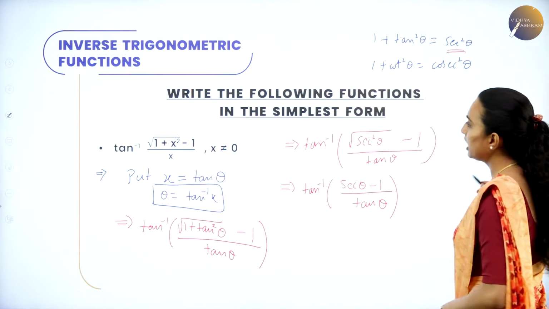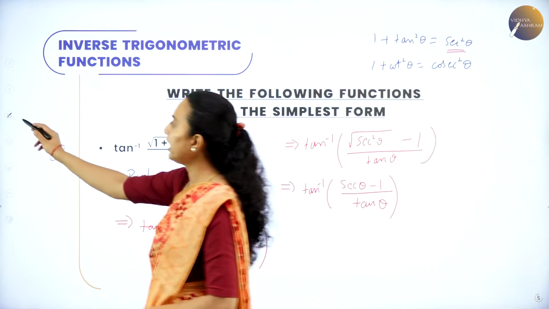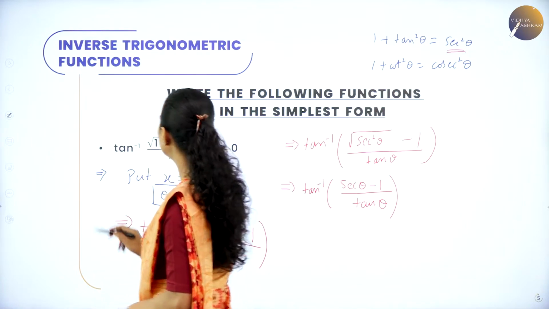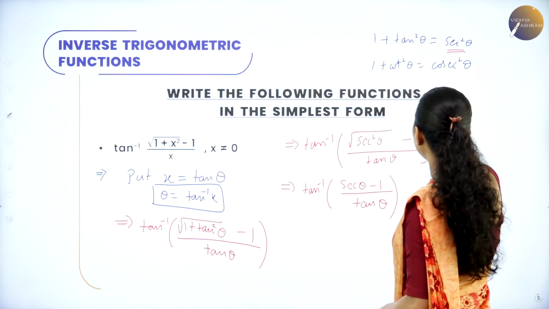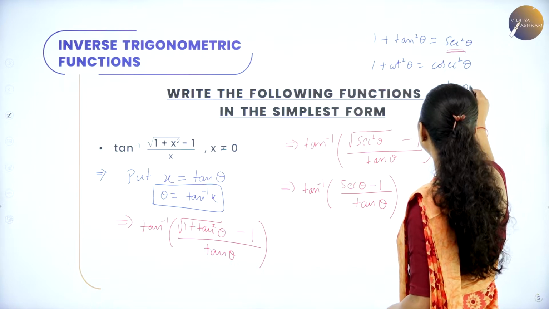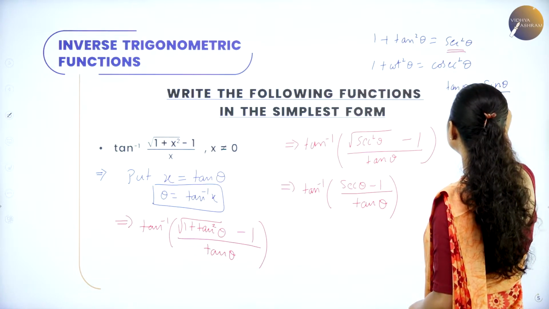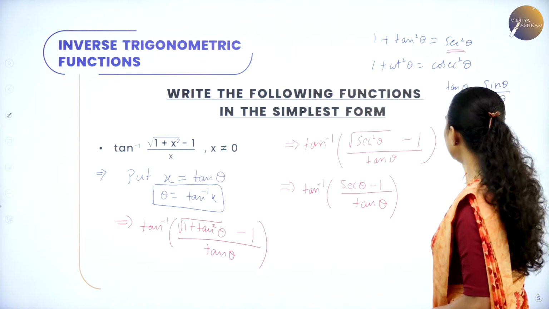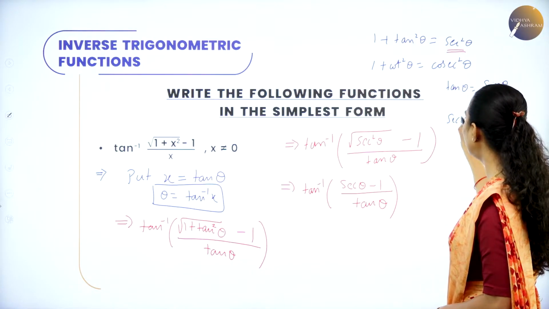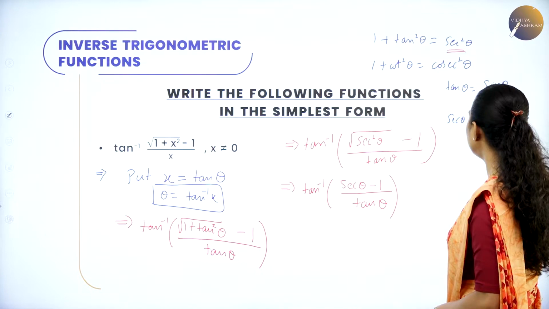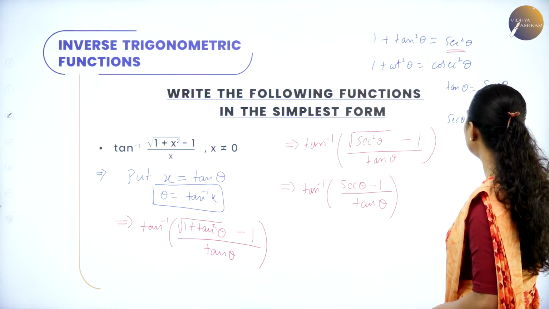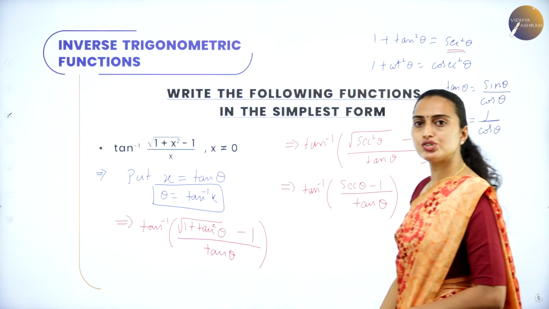What is tan theta? Tan theta can be written as sine theta divided by cos theta. Similarly, secant theta can be written as 1 by cos theta. Correct na? 1 over cos is secant, right?